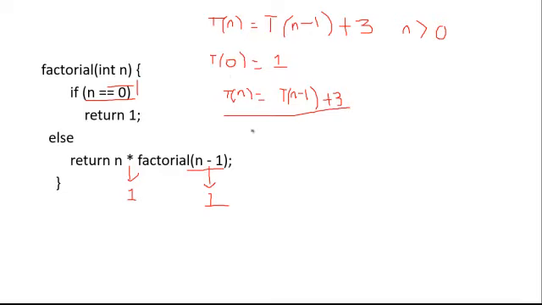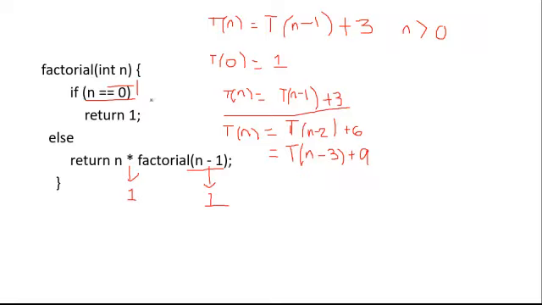So now t of n minus 1 can be written as t of n minus 2 plus 6, and this can be further reduced to t of n minus 3 plus 9, because t of n minus 2 is nothing but t of n minus 3 plus 3.